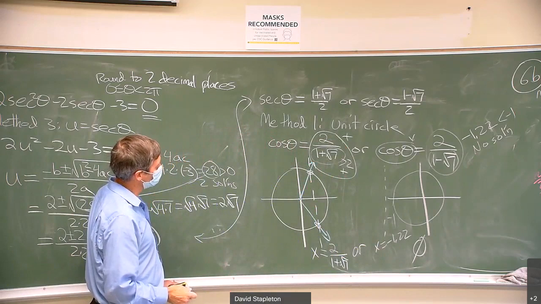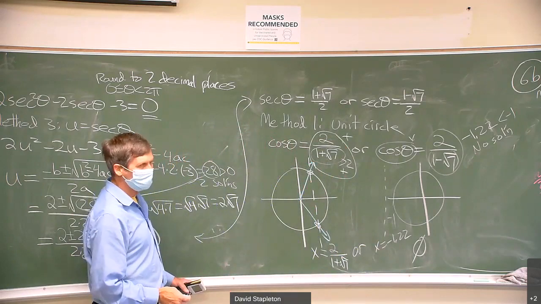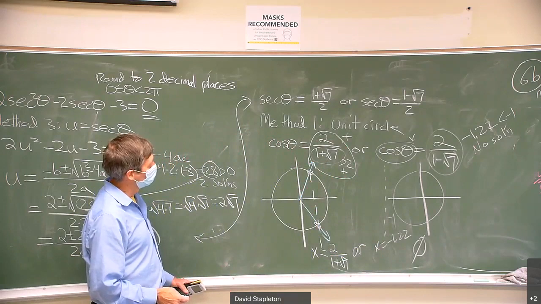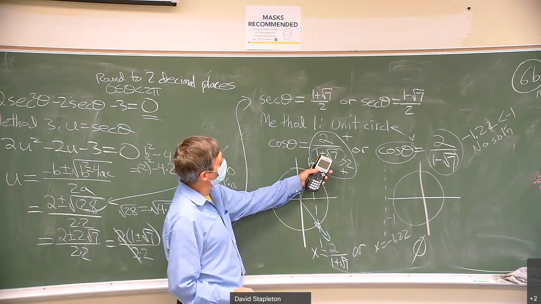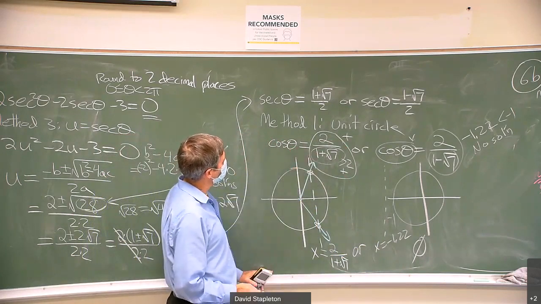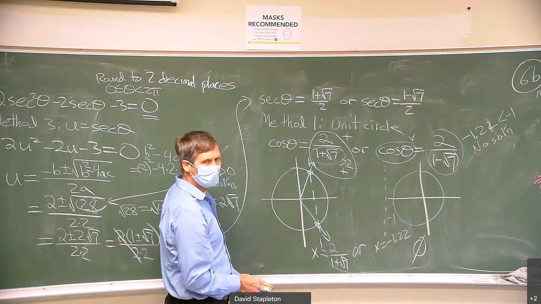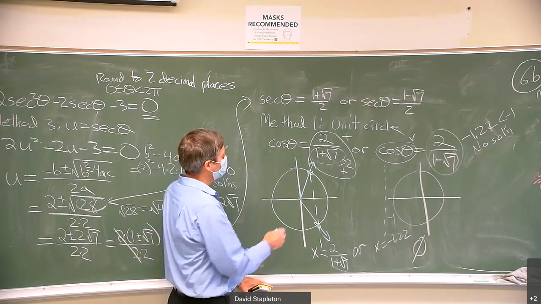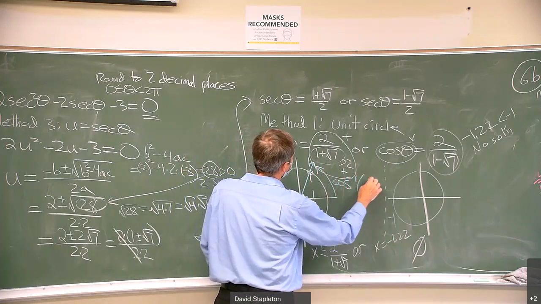So what's the solution to this one? Cosine is equal to some number between -1 and 1. Well, there's always one solution. What's one solution always if cosine is a number between plus and minus 1? Arc cosine. Awesome, yeah, arc cosine. Arc cosine of that number is always one solution.